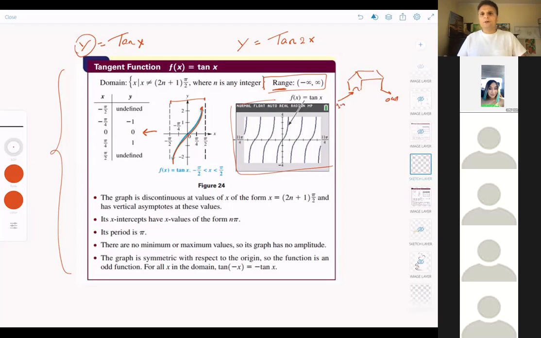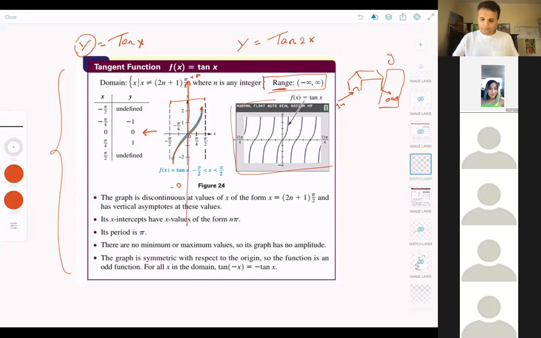So we said input are the domain, output are the range. And the output, the value output, which is same as y, are the range. So if you see the graph, this goes to positive infinity, and this way goes to negative infinity. So the value of y changes from negative infinity to positive infinity, correct? So that's the range of tangents.